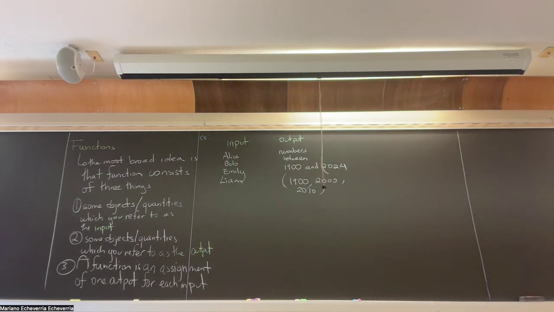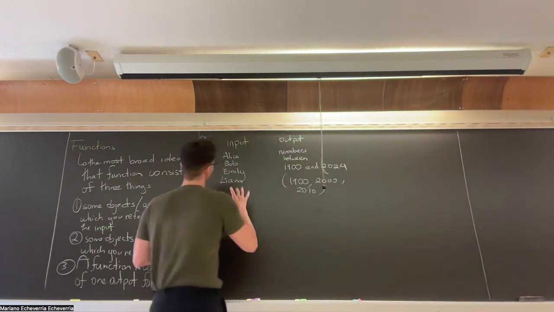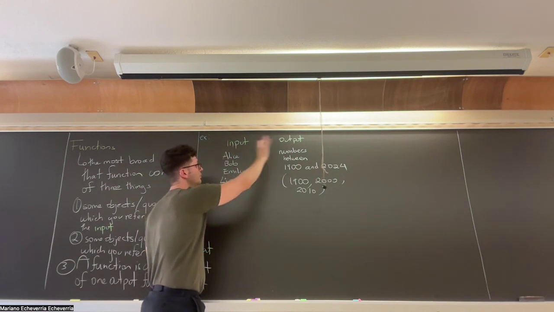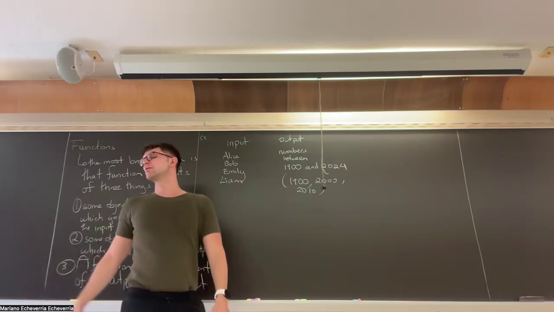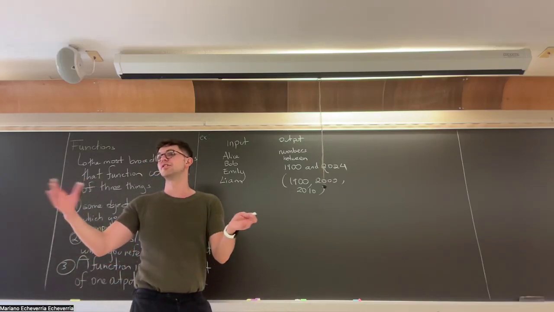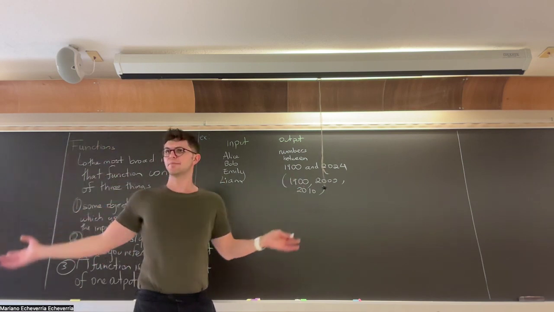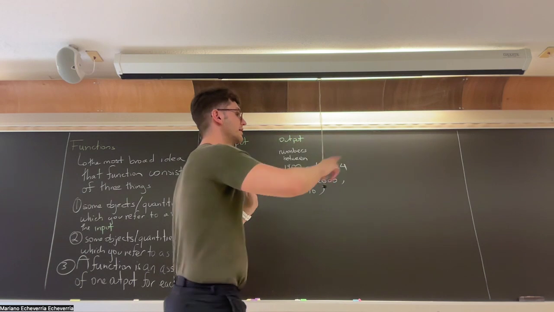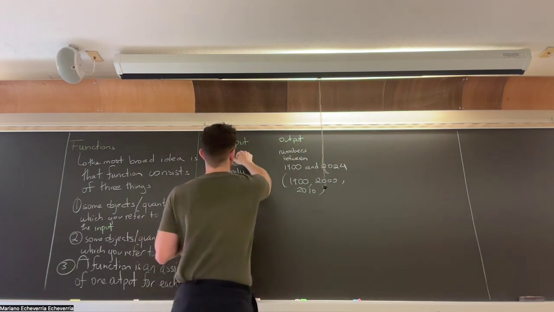And then the function itself, again, is supposed to assign to each input one of the outputs. So the assignment could be that I'll assign to each person the year in which they were born. The assignment is literally giving an output to each of the inputs.